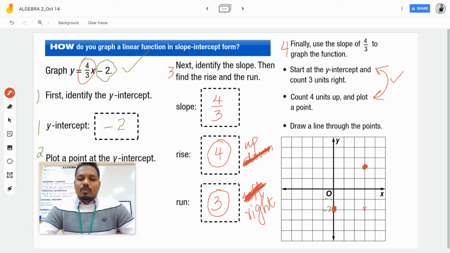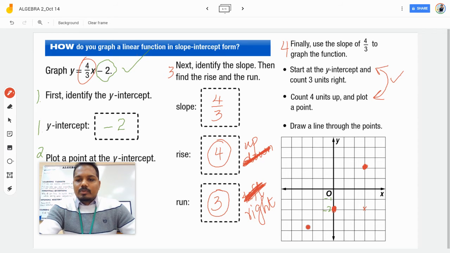And there is another way. If you want to plot points below the existing point, you can do that too. What you need to do is, instead of going 3 units to the right, you should go 3 units left. And instead of going 4 units up, you should go 4 units down.